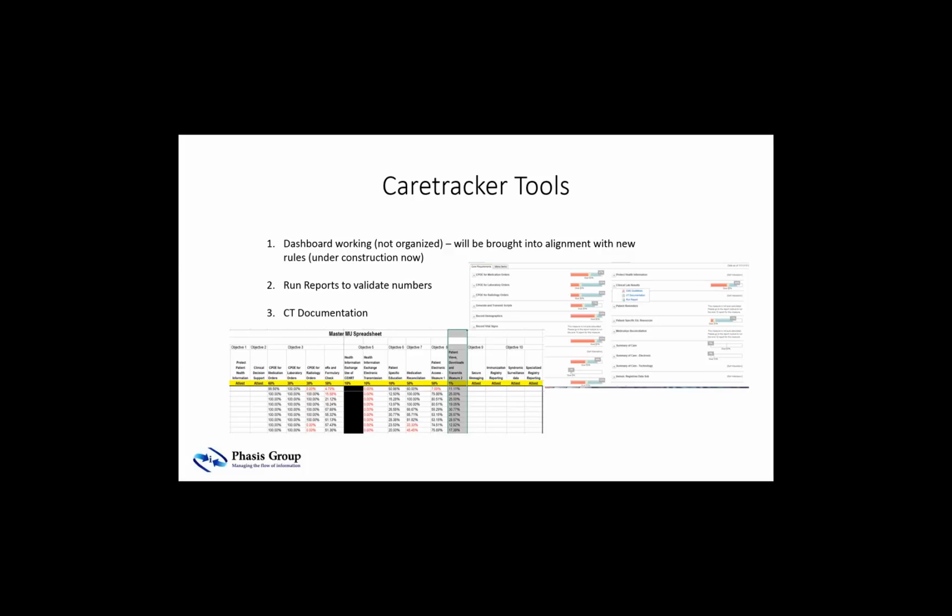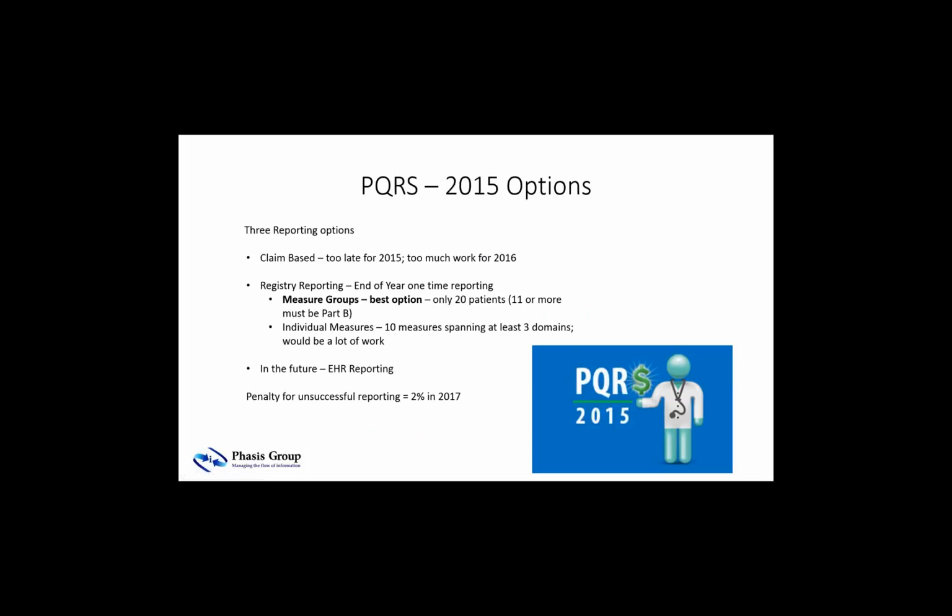If you are participating with that, you'll get a report from us twice a month with your progress. The other tool that resides in CareTracker from the dashboard is the CT documentation, the CareTracker documentation, on how to actually click the right clicks to make sure that it is showing up. So that's CareTracker tools.